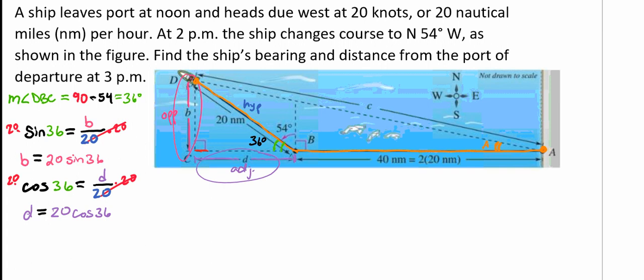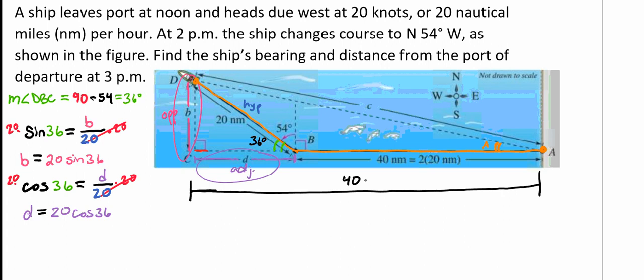So if we have the opposite side, and we really have this whole bottom adjacent side now, because it's 40 plus whatever D is, 40 plus D, we can use this to use tangent to solve this.